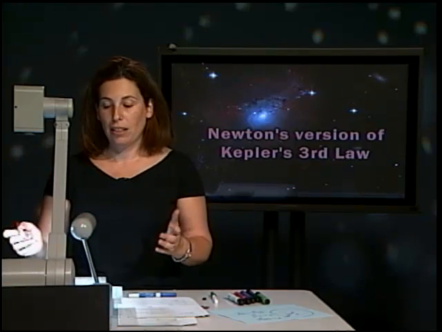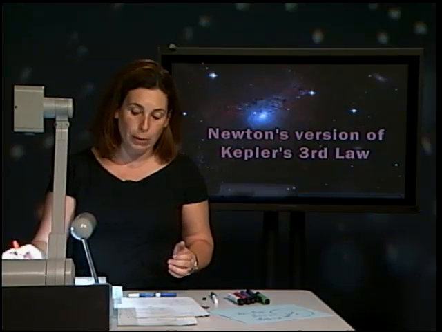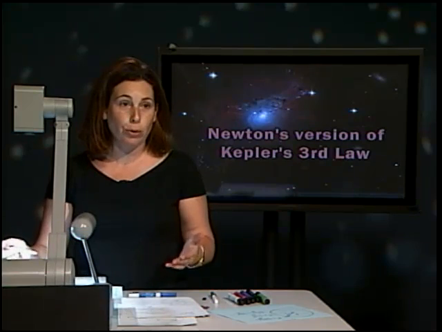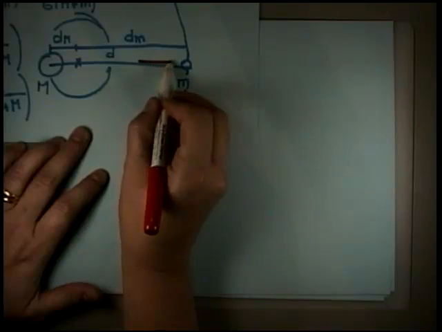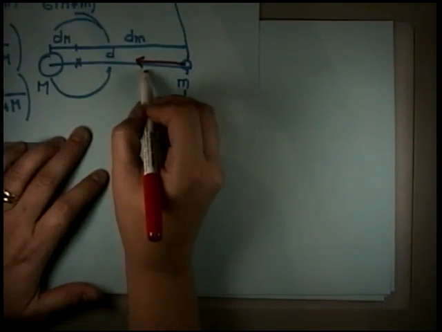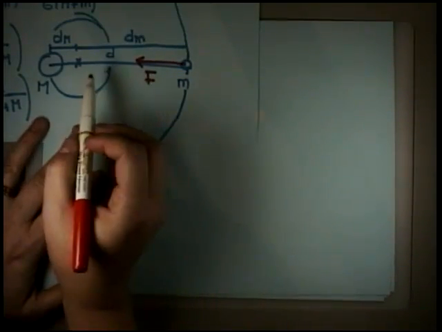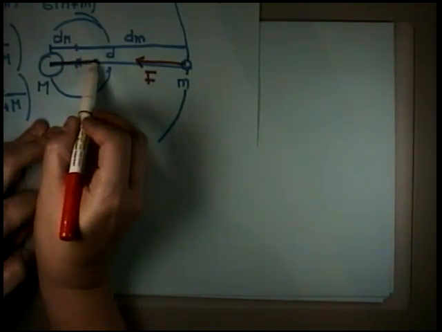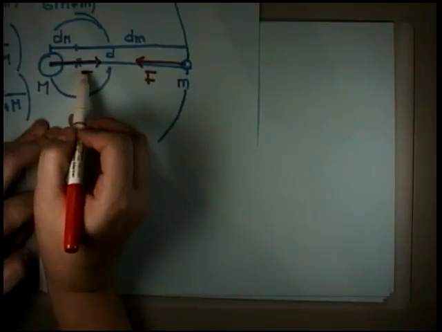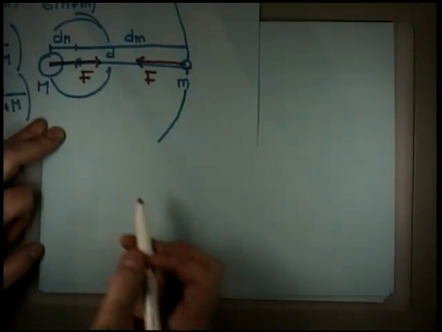The reason the objects are orbiting the center of mass is because they are attracted to each other gravitationally. So little m is attracted to big M with a certain force F, just as much as big M is attracted to little m with the same force, due to gravity.